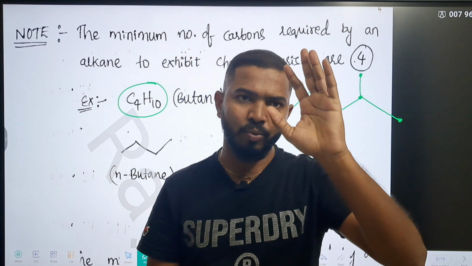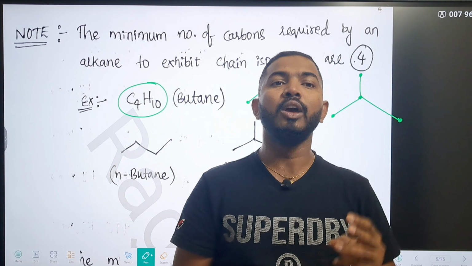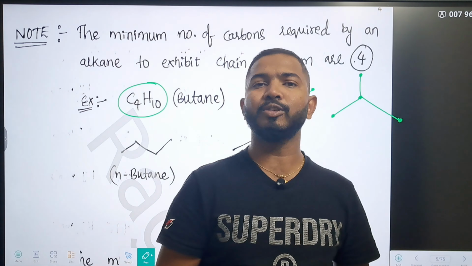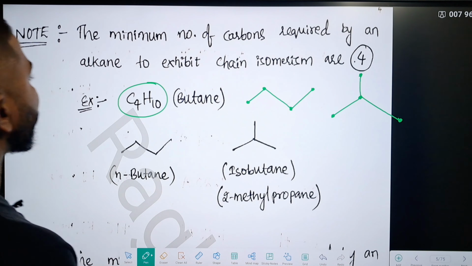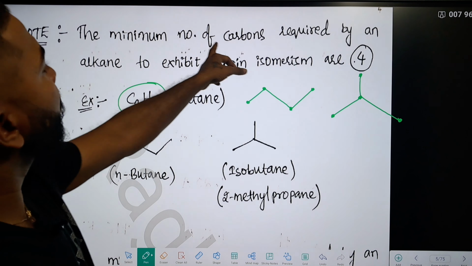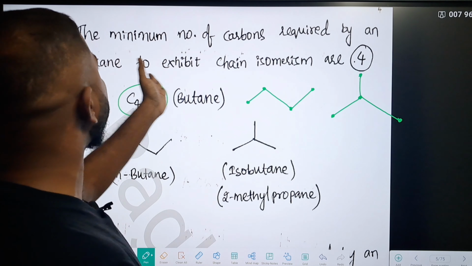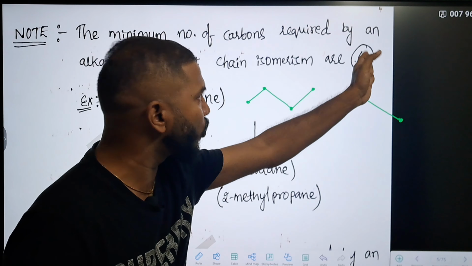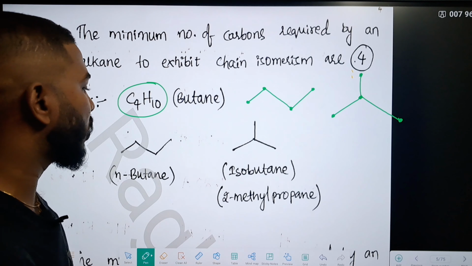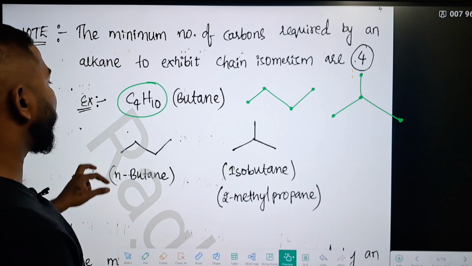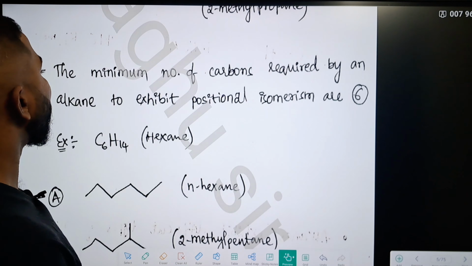So we need to go with 4 carbons only. That is the minimum number of carbons required by an alkane to exhibit chain isomerism.